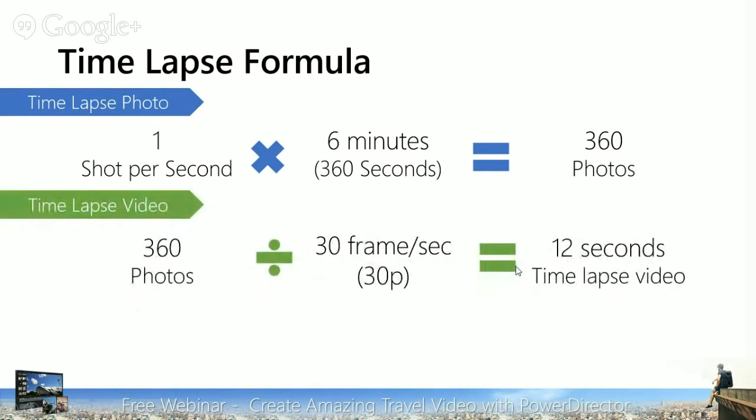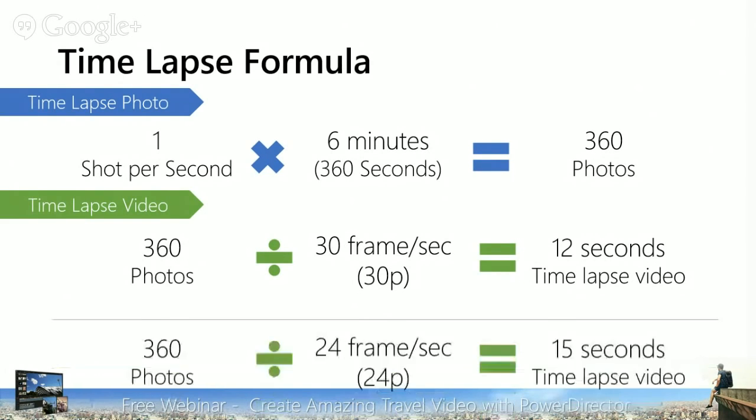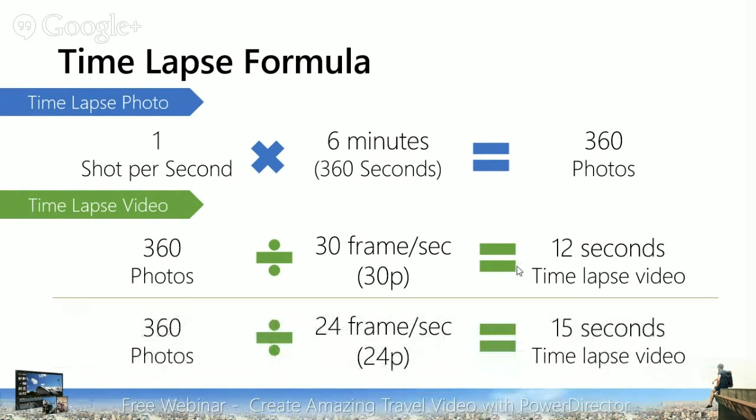When generating a time-lapse video, the 360 photos at 30 frames per second, or what we call NTSC format in 30p, can generate 12 seconds of time-lapse video. If your project is 24 frames per second, then 360 photos will give you 15 seconds. You can imagine that each second of your video is composed of 30 different frames, and each frame was taken one second apart, so it's like fast-forwarding 30 times.